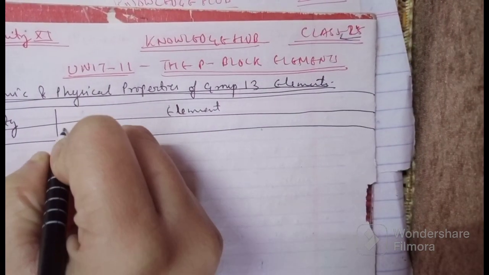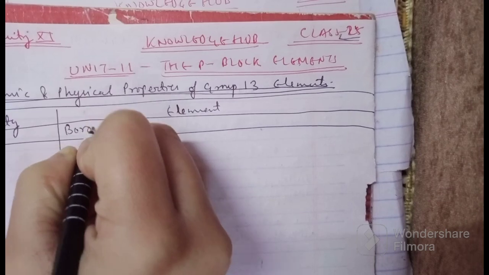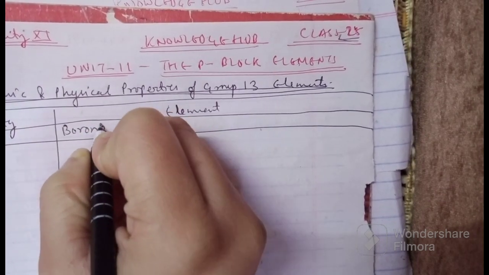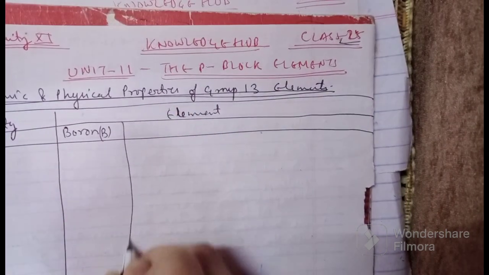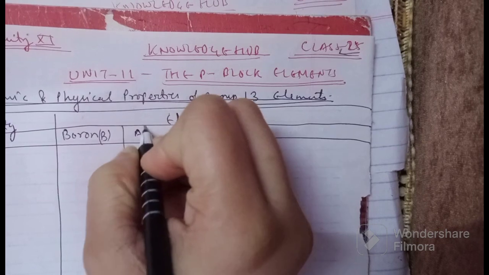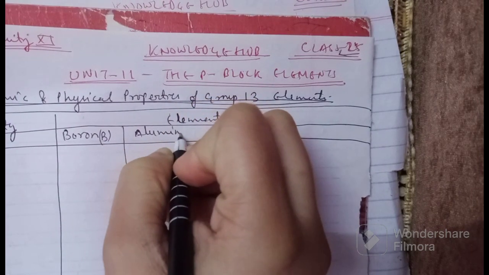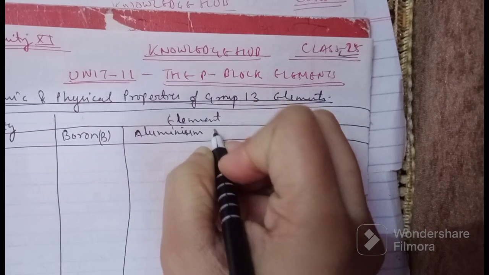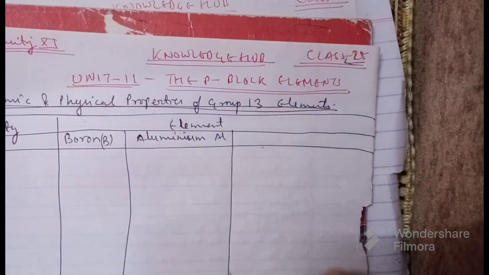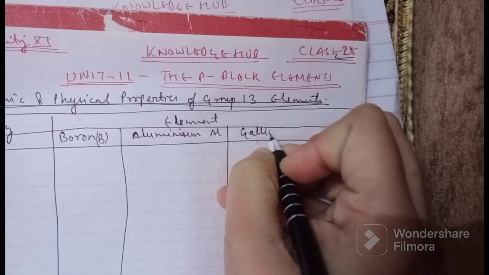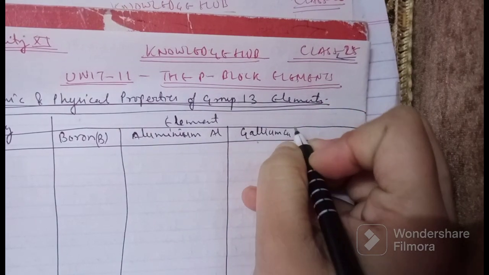the first element, boron, whose symbol is B. Another is aluminium, which is Al. Then gallium, which is Ga.